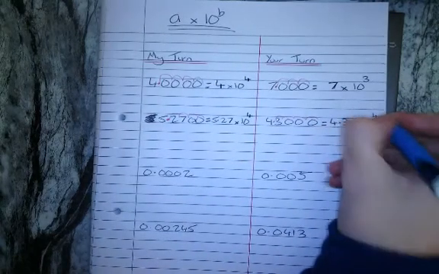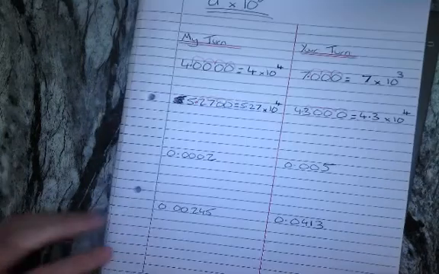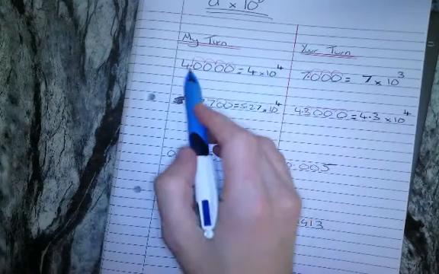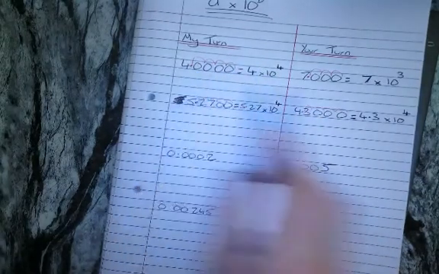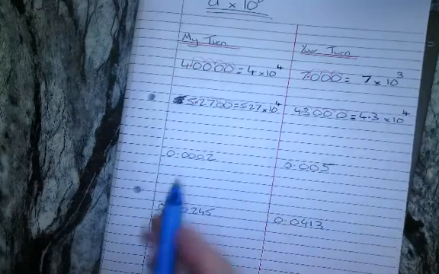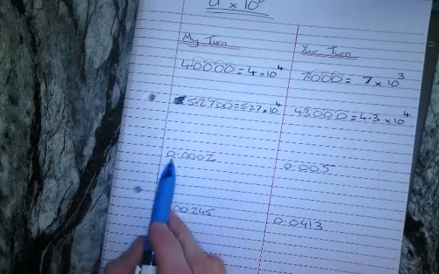So 4.3 times 10 to the power of 4. Okay, the next ones now you'll see, so that's when we've got very big numbers. So they allow us to write large numbers in a smaller format. But we can also use standard form to write really small numbers.